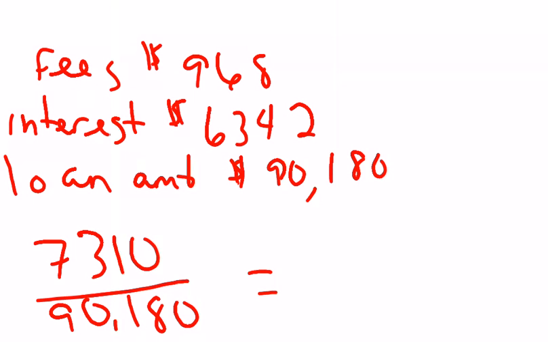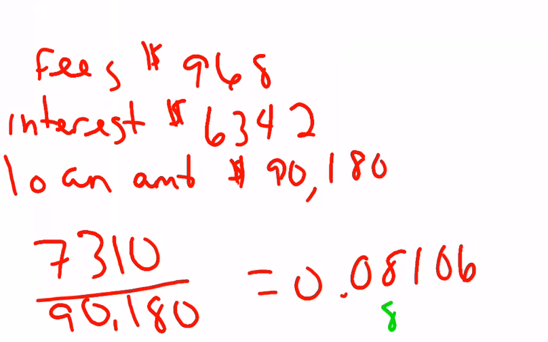Again, this is going to give us a decimal, and we have to change that to a percent. So we get 0.08106, and it keeps going. Move that decimal place 2 spaces to the right, and so we end up with 8.1% as an annual percent rate.